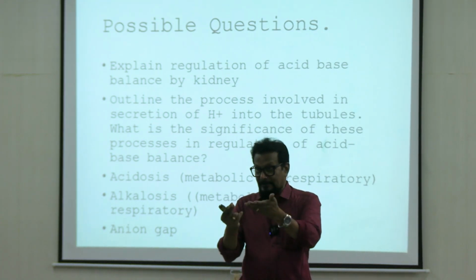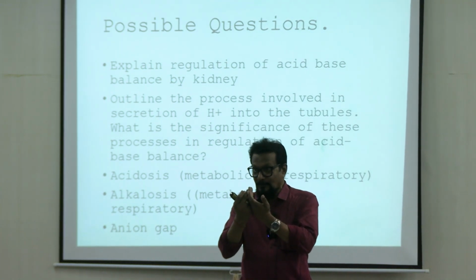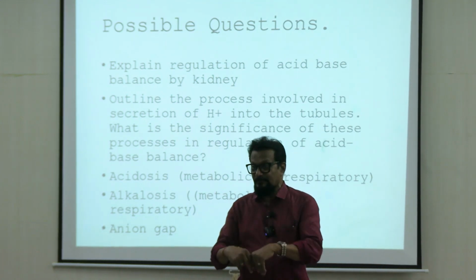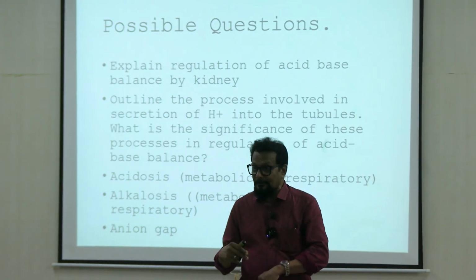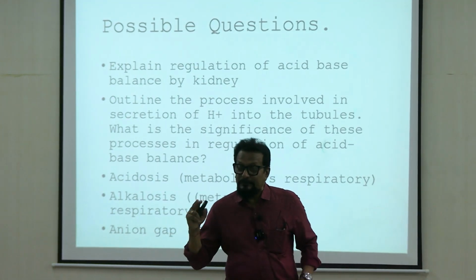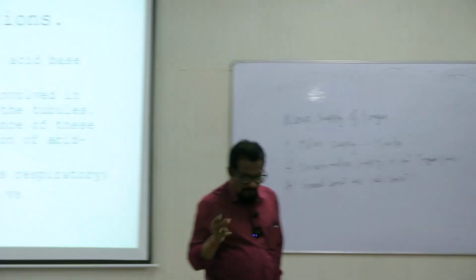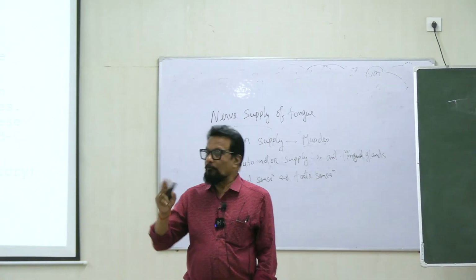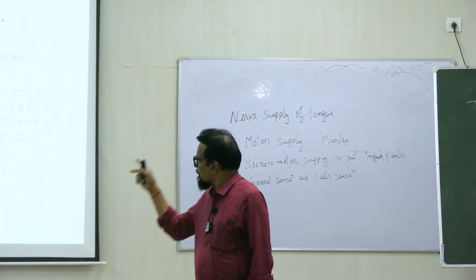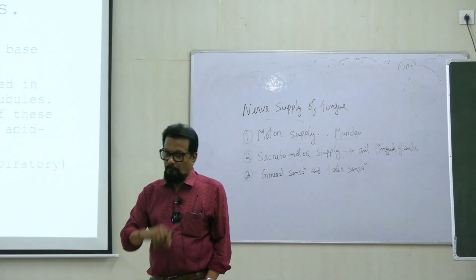By increasing the production of carbon dioxide, we can increase the hydrogen ion. By decreasing the carbon dioxide level, we can decrease the hydrogen ion. So in this way, by modifying the volatile acids, we can balance acid-base balance. So this is one point.